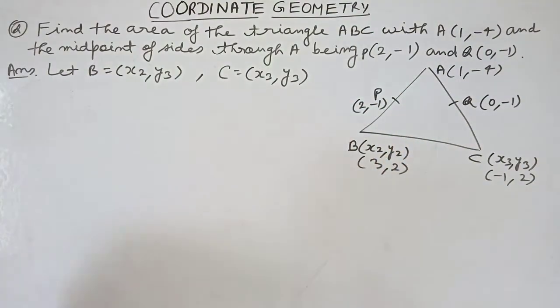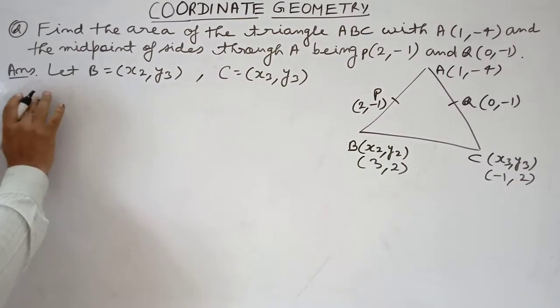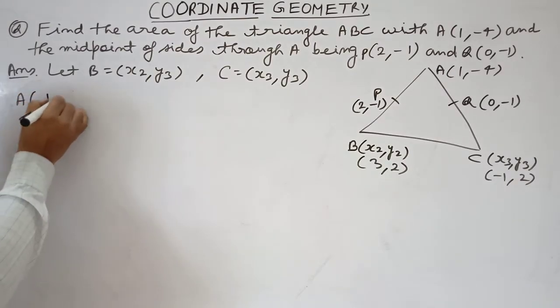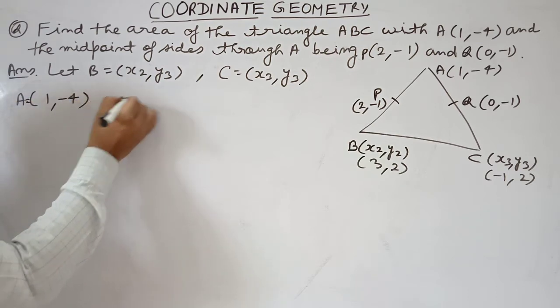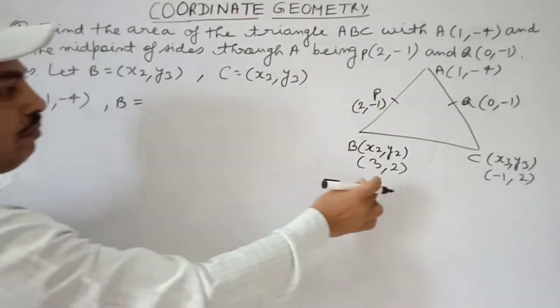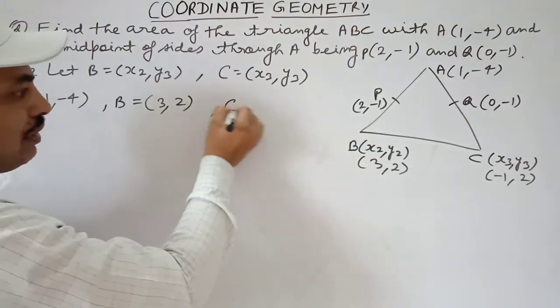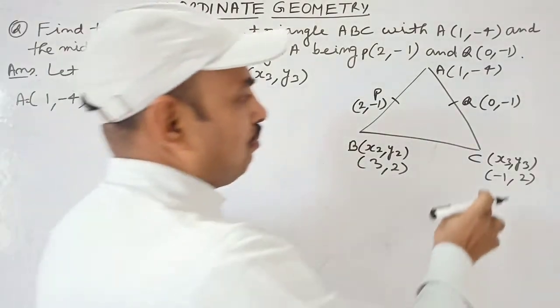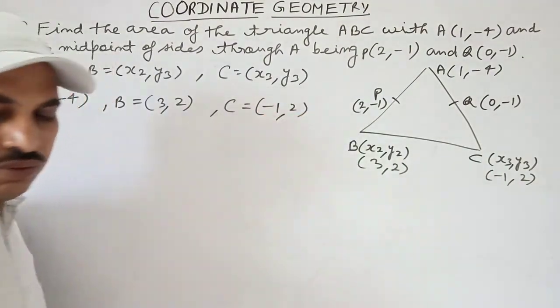We first write the coordinates of ABC. A is (1, -4), B is (3, 2), and C is (-1, 2).